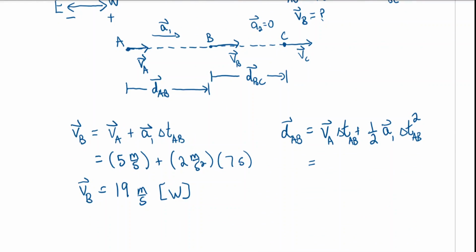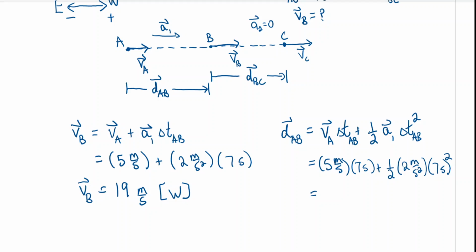We've got our initial velocity, once again, is 5 meters per second. Our time is 7 seconds. And we've got 1/2. Our acceleration we know is 2 meters per second squared. And once again, we put 7 squared. Don't forget that squared. I will sometimes make that mistake as well. Just be careful to include the squared to get the correct answer.